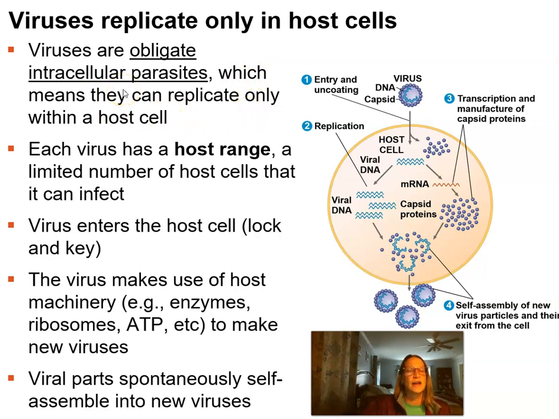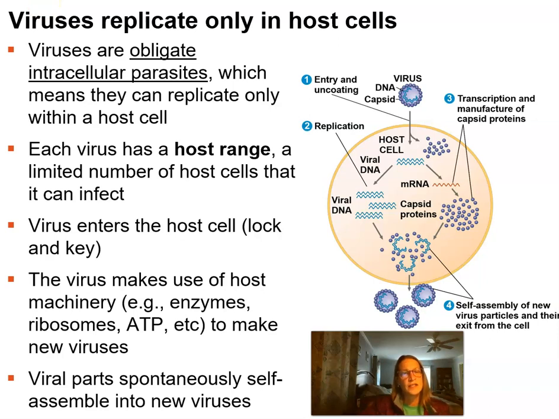Intracellular means that they enter the cell in order to replicate, and parasites mean that they gain something from being inside that cell, and the cell is harmed. So because they can only replicate inside a host cell and they typically damage the cell, that makes them obligate intracellular parasites.